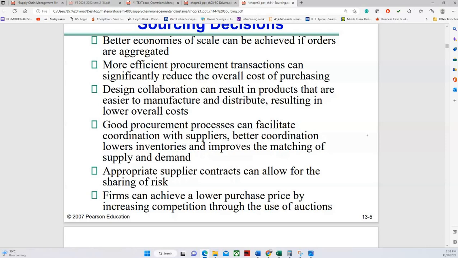So if you go to the Toyota factories in Japan, they have factories, and surrounding the factories, they have the vendors' factories as well. So they have very good communication and a very short distance for them to deliver the components to Toyota. When it comes to that, it will improve the overall cost.